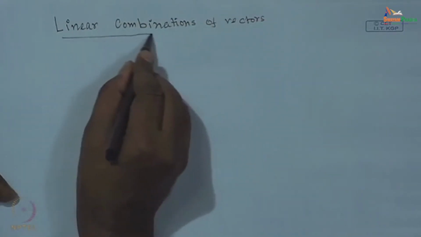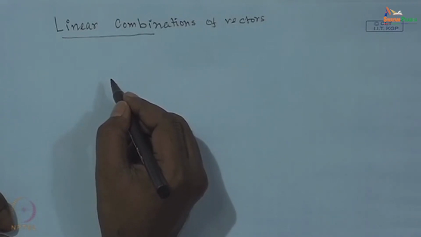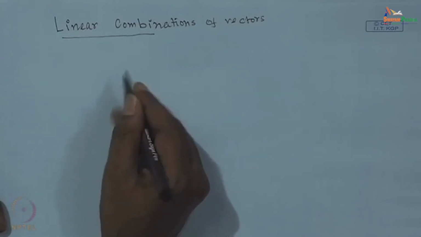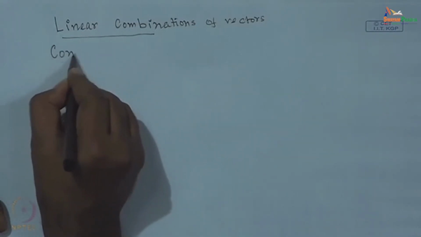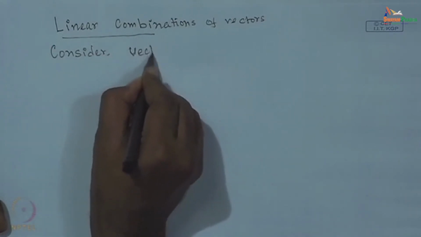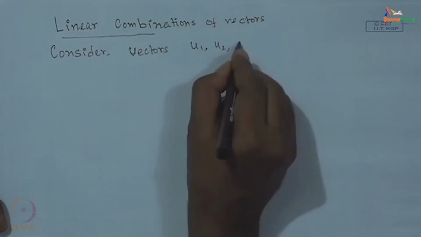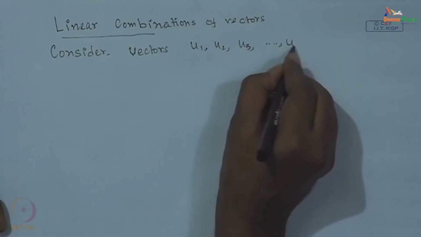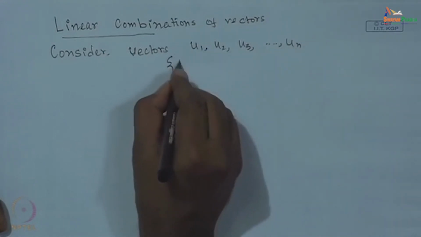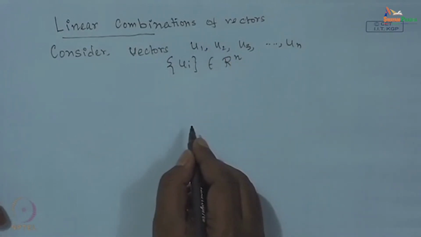This concept is very important as far as the solution of sets of algebraic equations or sets of ordinary differential equations is concerned. Those will be appearing quite often in any chemical engineering application. So, let us consider n number of vectors in n dimensional real space, u1, u2, u3 up to un, where each ui belongs to n dimensional real space.